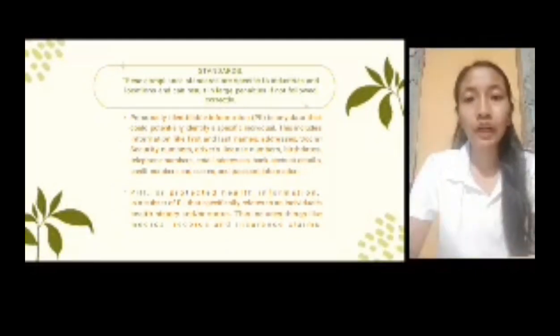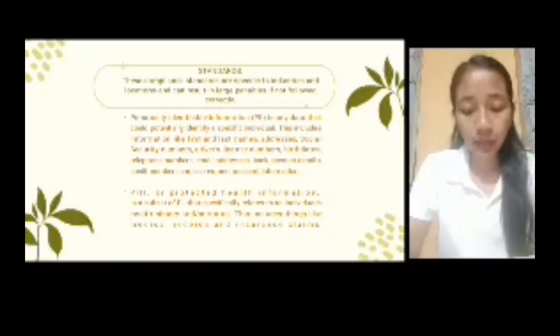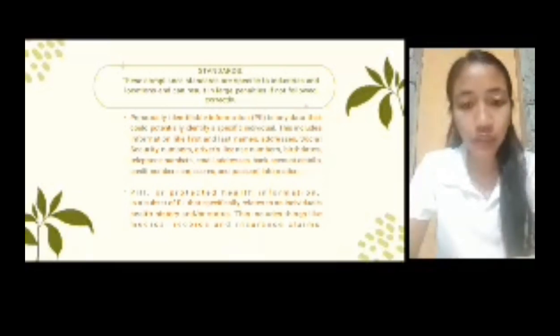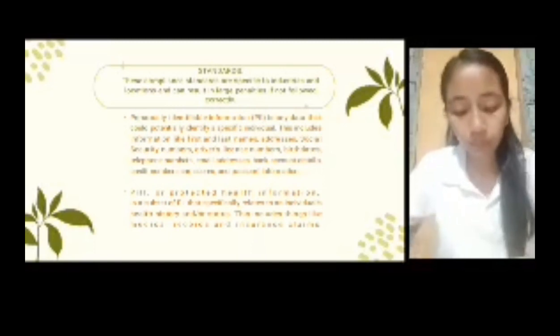Standards. There are two types of standards, which are PII and PHI. Number 1, PII stands for Personally Identifiable Information. This is any data that could potentially identify a specific individual.